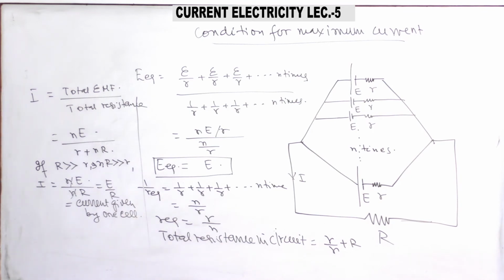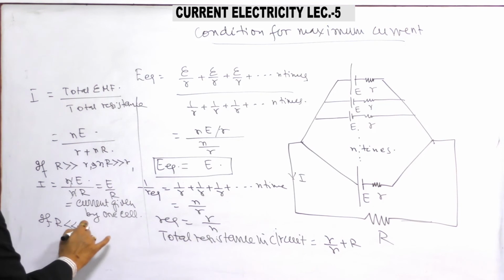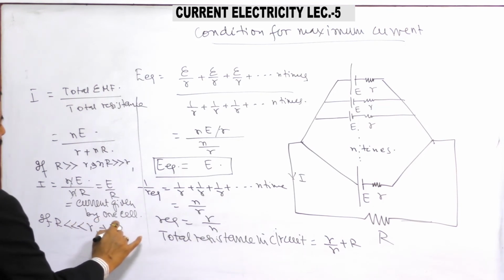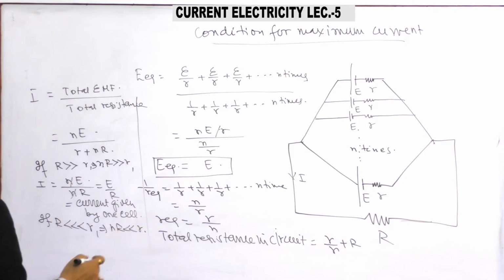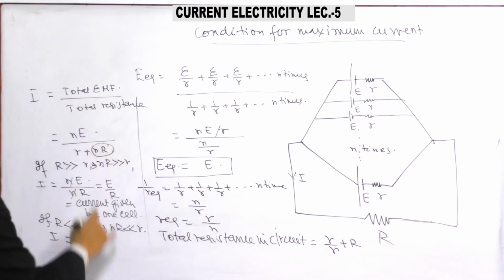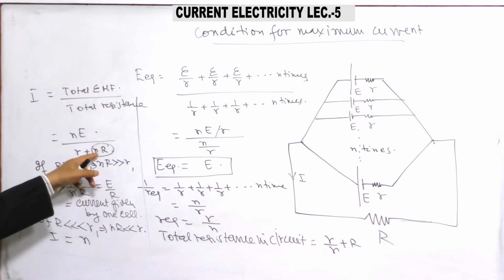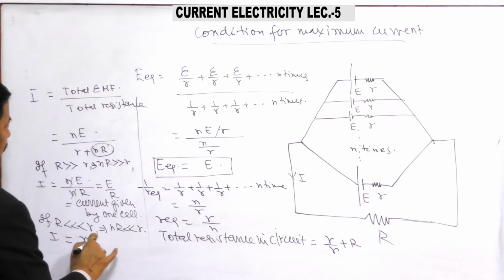On the other hand, if R is less than r, that is R is less than r by n, then I is equal to nE by r, because R is less, so it will be neglected.